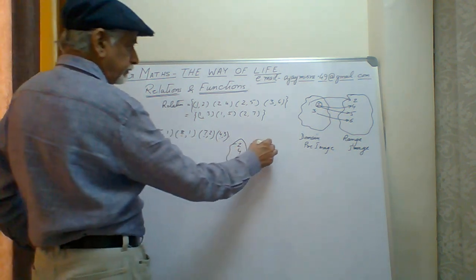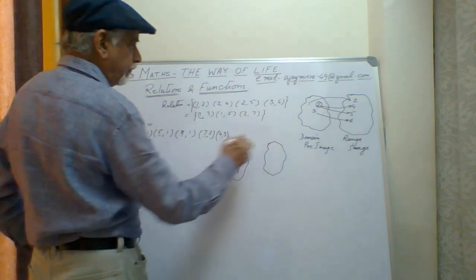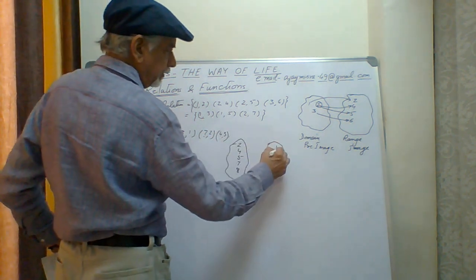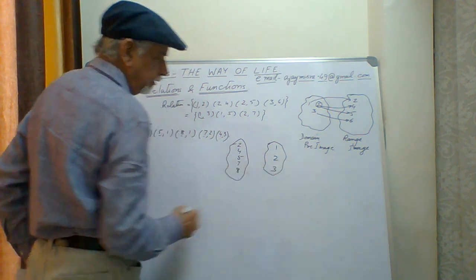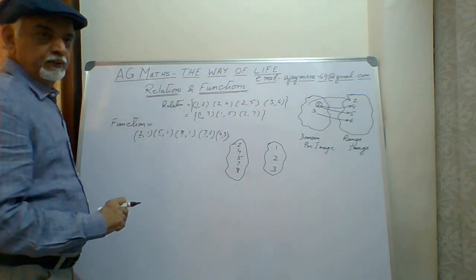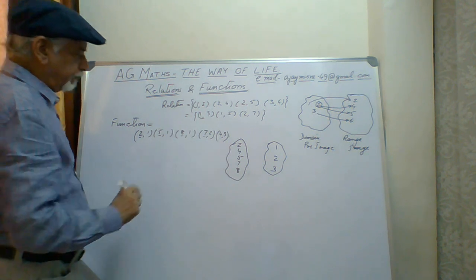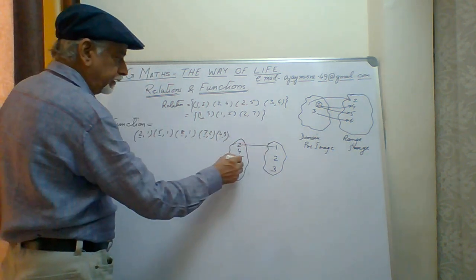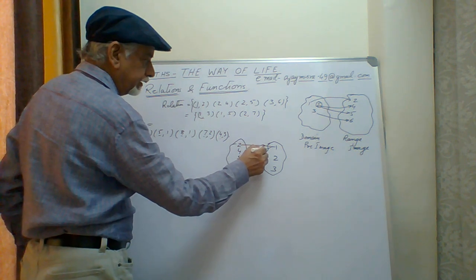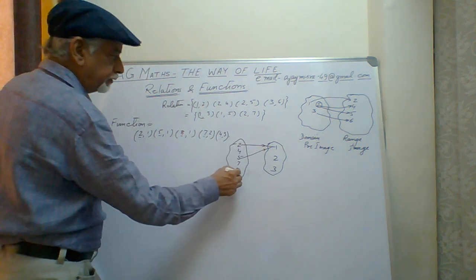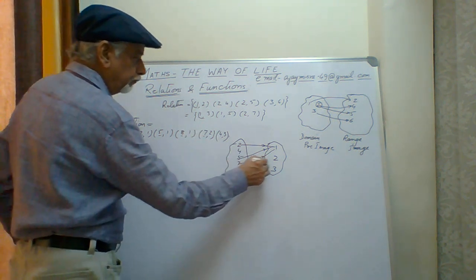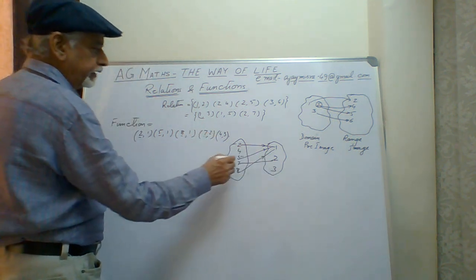Then we have the image, or the range, which is 1, 1, 1, 2, 3. It is on 2 and 3. Now see how these ordered pairs are made. 2 is connected to 1, 5 is connected to 1, 8 is connected to 1, 7 is with 2, and 4 is with 3.